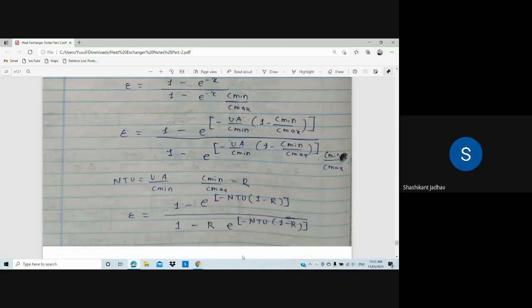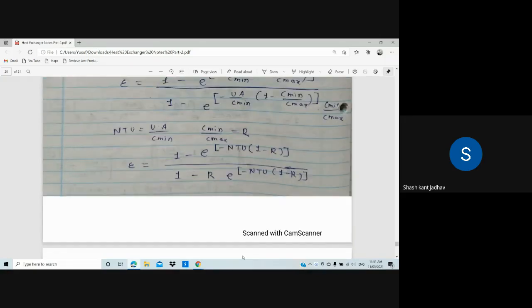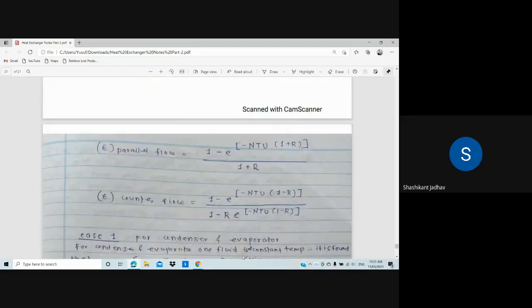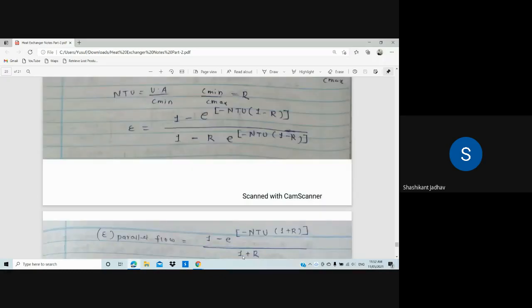So therefore epsilon is equal to 1 minus e raised to minus NTU into bracket 1 minus R, divided by 1 minus R into e raised to minus NTU into bracket 1 minus R. Okay, so this is the equation for the effectiveness for the counter flow heat exchanger.